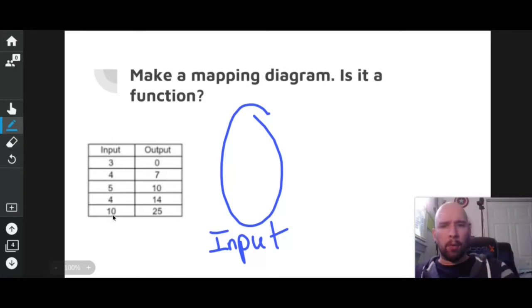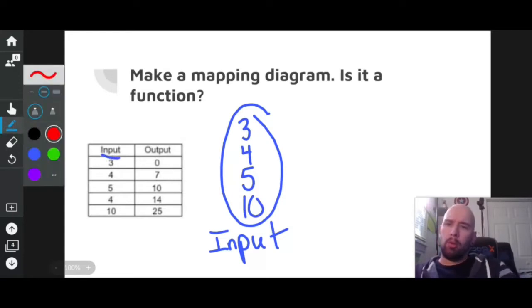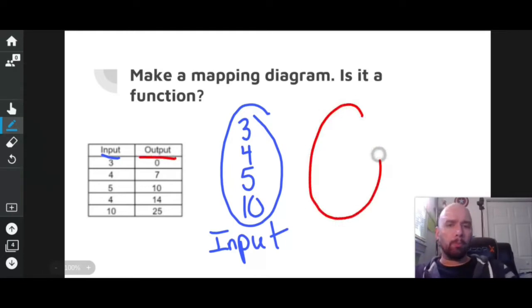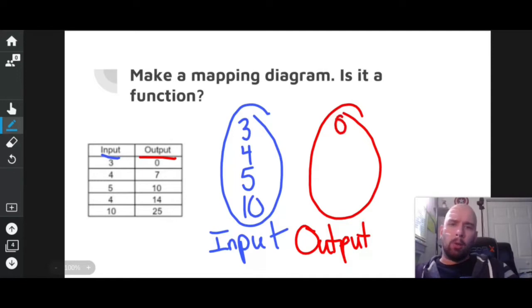The smallest of those is 3, and then 4, and then 5. 4 is used again, so I'm not going to write it out again. And then I have 10. That's my input. My output, which I'll do in red, is already in order. That's good. And that's 0, 7, 10, 14, 25.